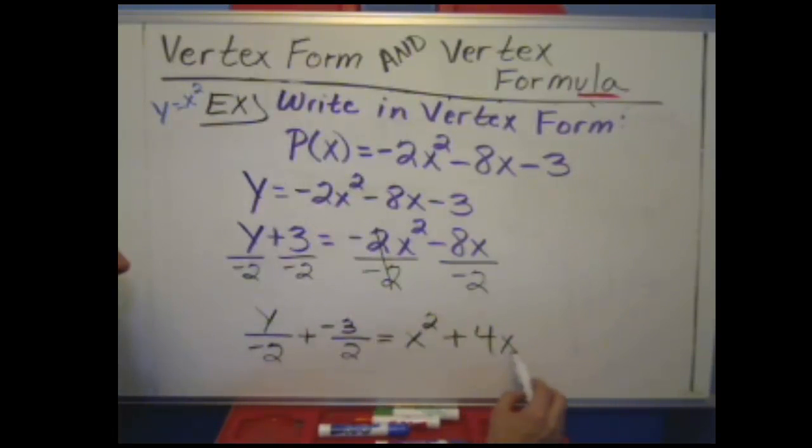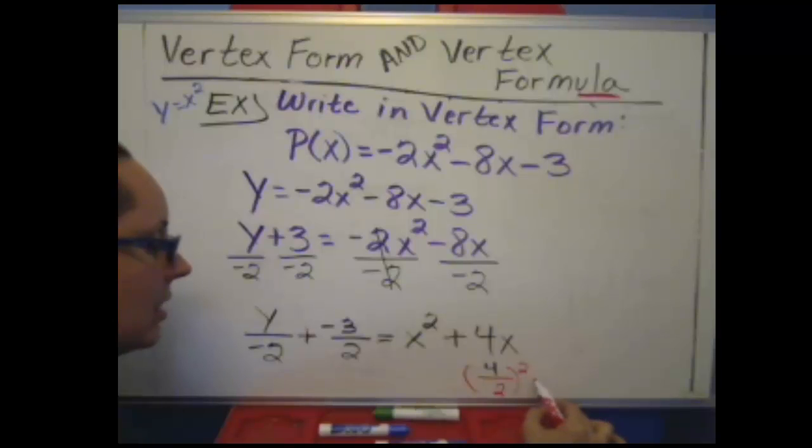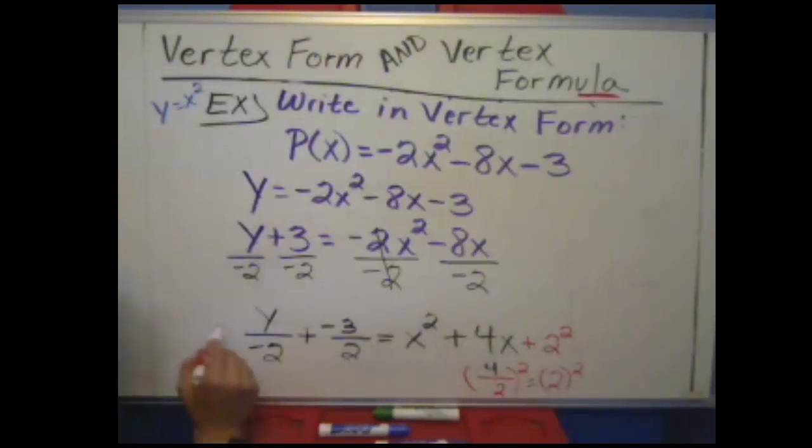So we'll take this term, the 4x, and using its coefficient 4, we always divide that by 2 and we always square it. So I'm going to say divide by 2 squared. That's the same thing as a 2 squared. So I'm going to put plus 2 squared on the right. If I add it to one side, I must also add it to the other side. So plus 2 squared also on the left.